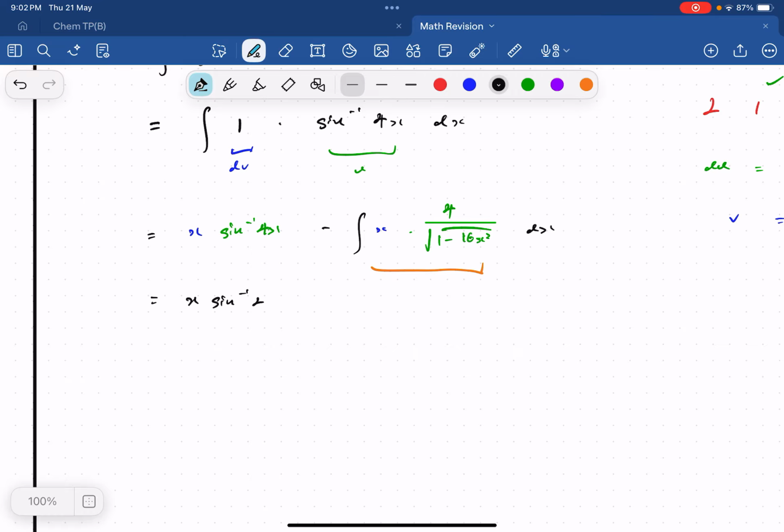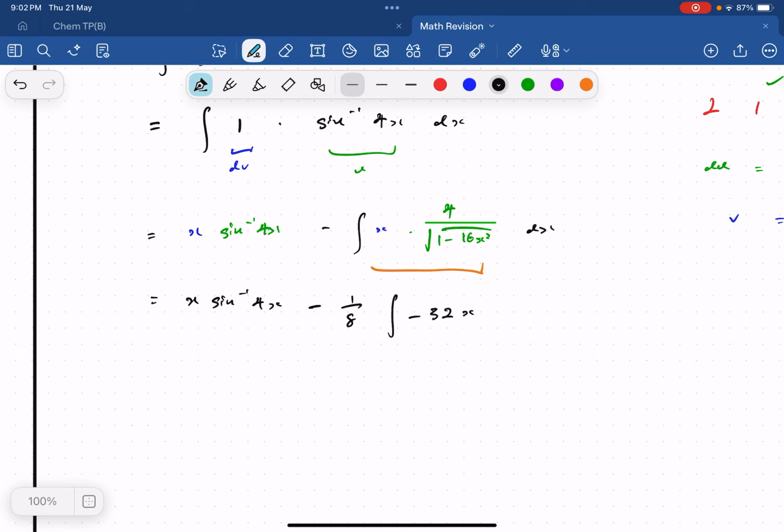To integrate this function in orange, it's actually very similar to things that we have already done twice in the first part. I am going to take a constant out, 1/8, and you see that I can express this as follows.